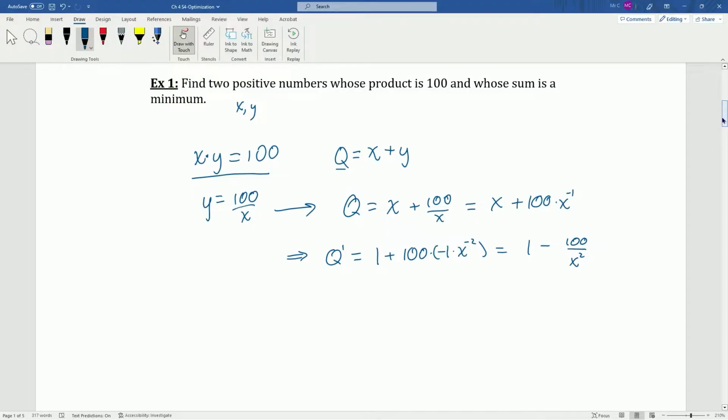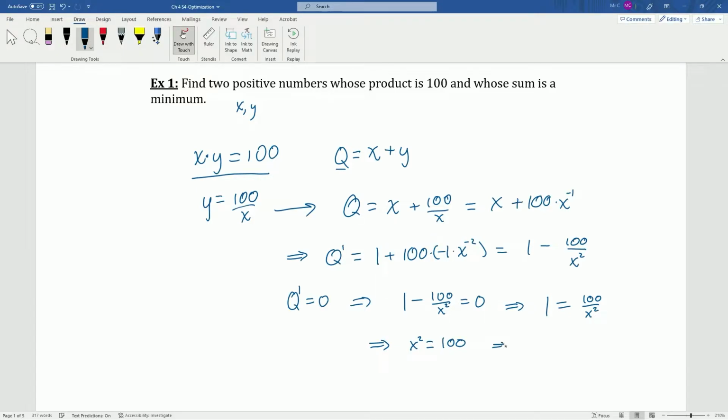Okay, so in order to find a maximum or minimum, we need critical values. So Q prime equals 0 implies 1 minus 100 over x squared equals 0. Move the 100 over x squared to the other side, and I get 1 equals 100 over x squared. So of course that means x squared equals 100.